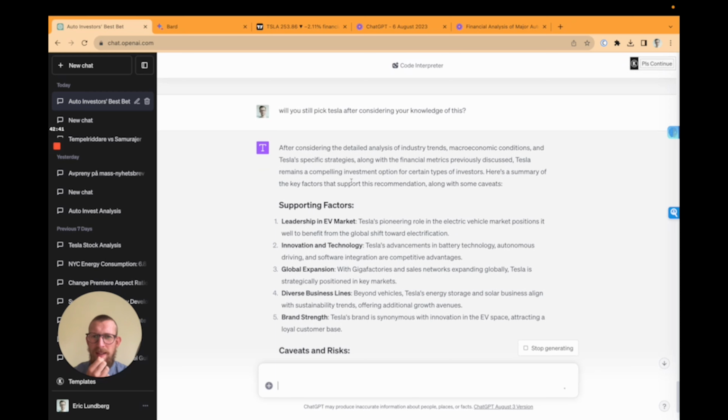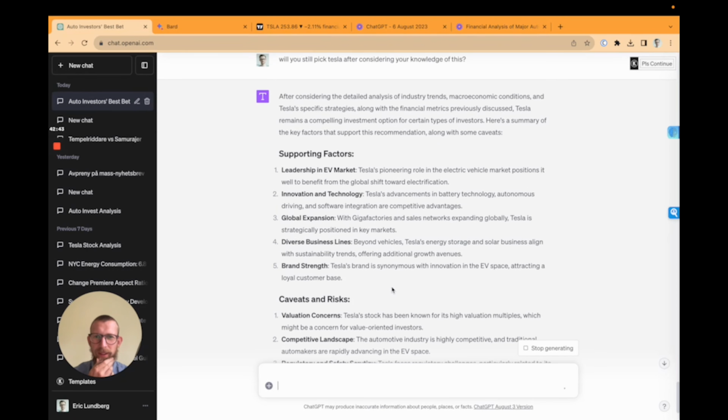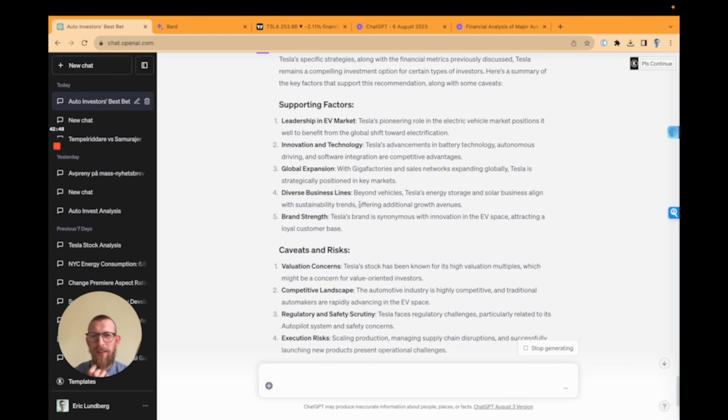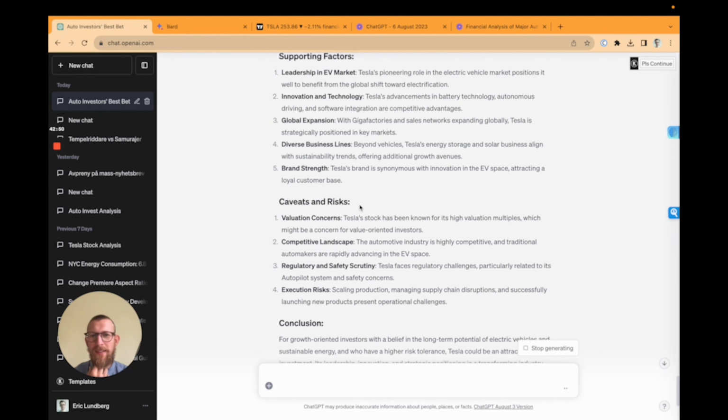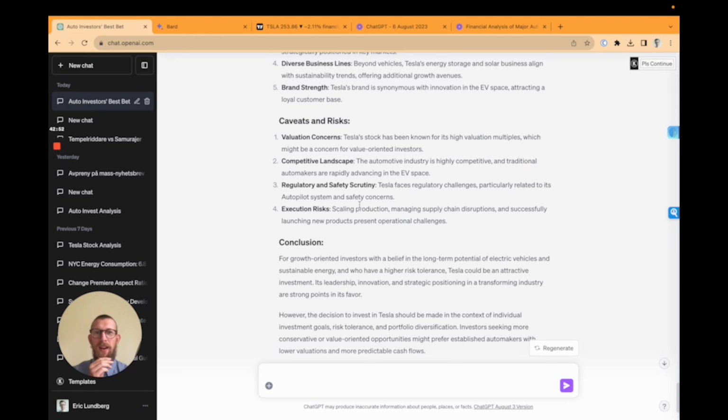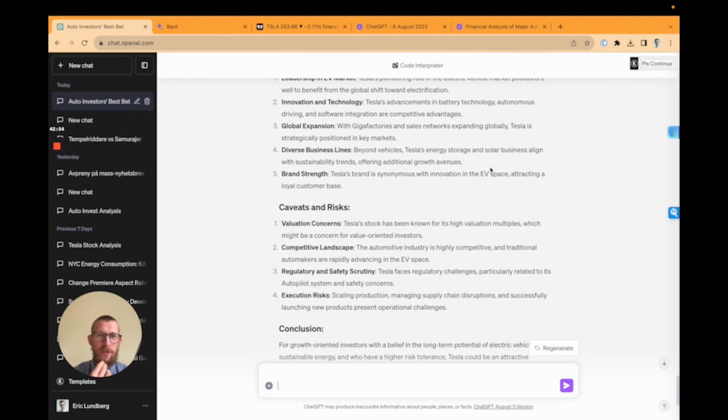Yeah, it remains a compelling investment. Leadership in EV market, innovation and technology, global expansion, diverse business lines. Beyond vehicles, Tesla's energy storage and solar business align with sustainable trends.